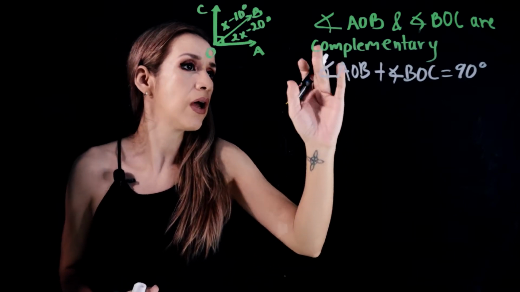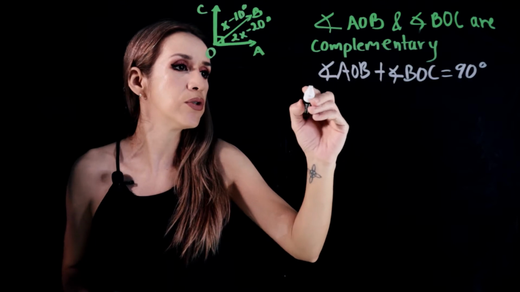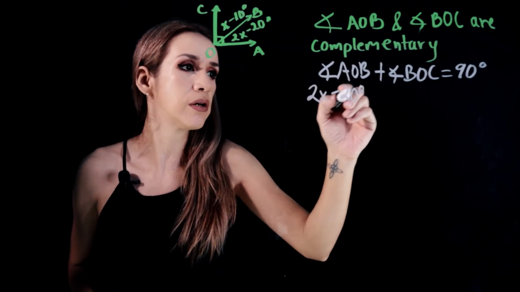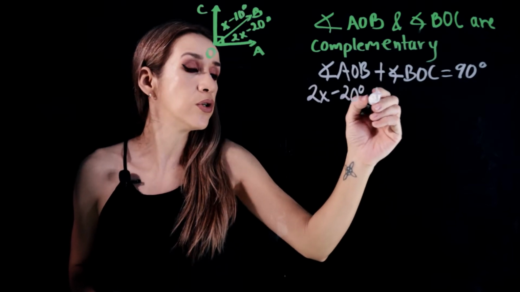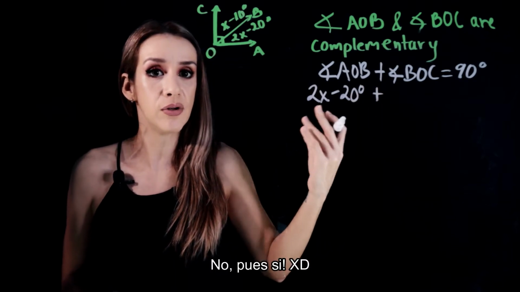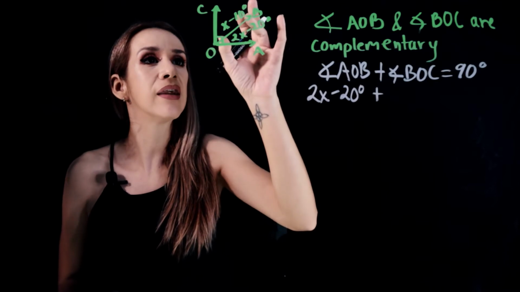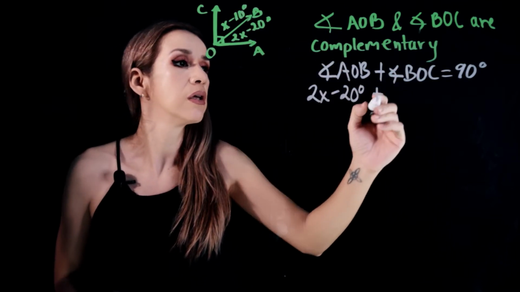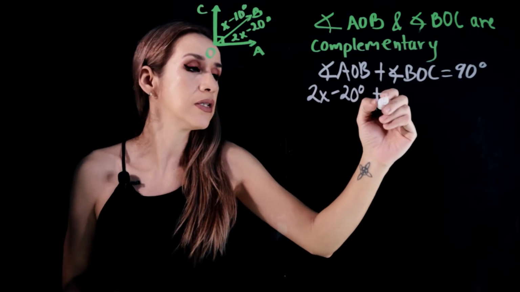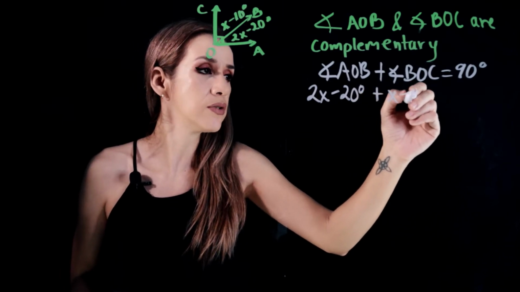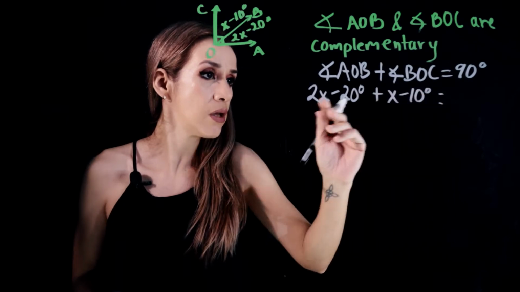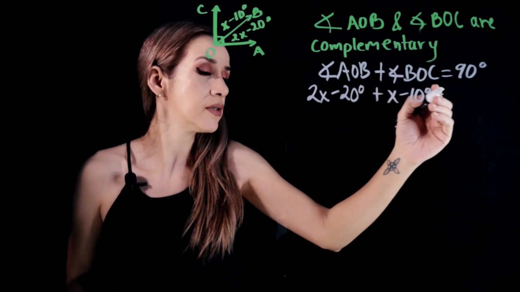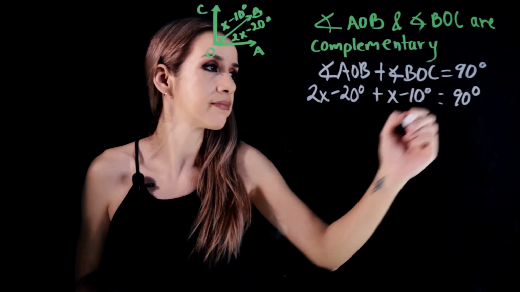So instead of angle AOV, I'm going to use 2x minus 20 degrees. And the expression to find the value of the other angle, BOC, is x minus 10, and the sum of these two parts is equal to 90 degrees.